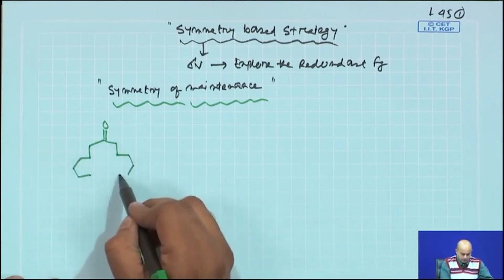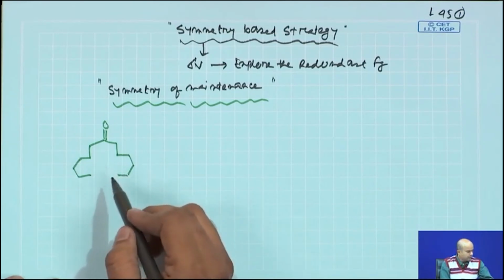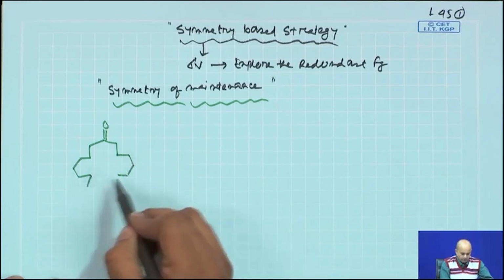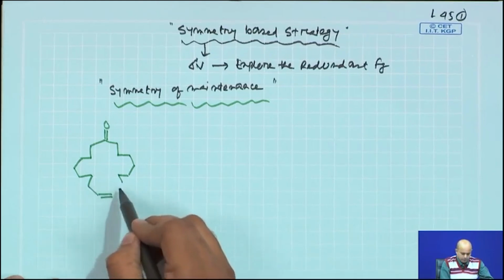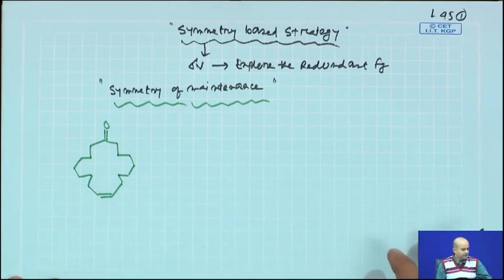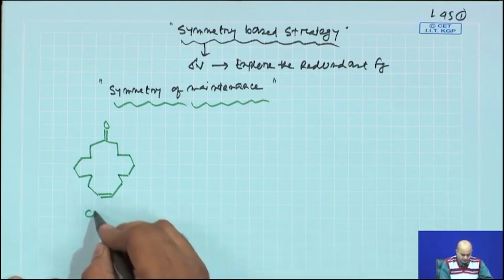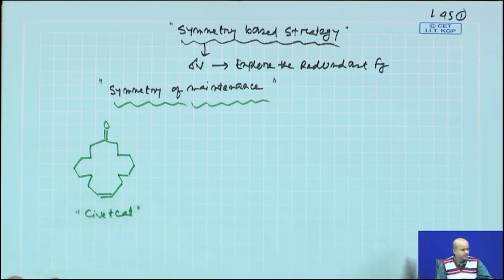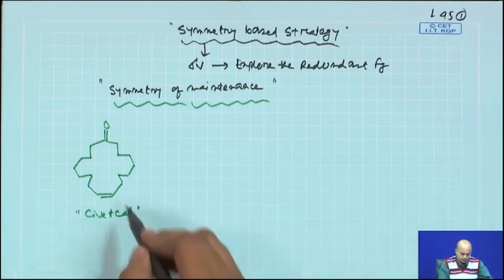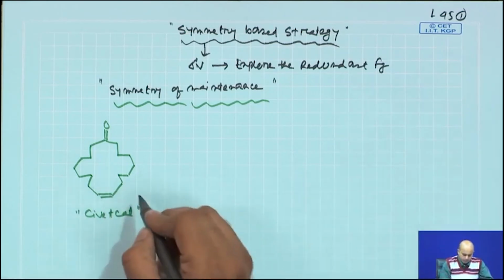It is a cyclic ketone, and the molecule's name is civetone. Civetone was basically isolated from the civet cat, which normally lives in the Himalayan region, high altitude region. Now, civetone, the molecule name is civetone.